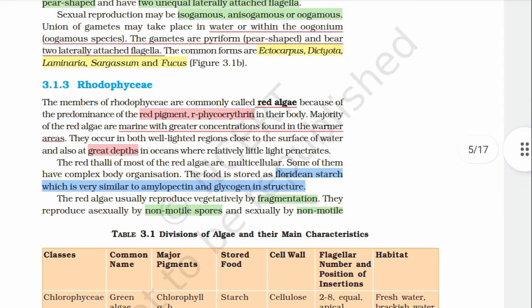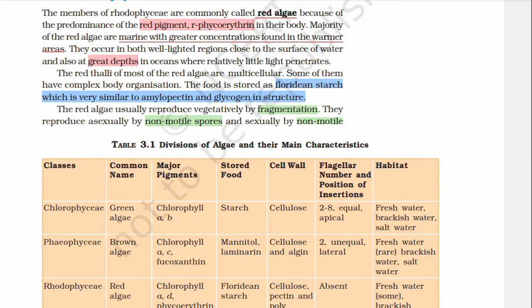Okay, and this red algae is multicellular and they have a complex body organization. The food is stored as Floridean starch, which is very similar to amylopectin and glycogen in structure. Next, we will move on to reproduction.